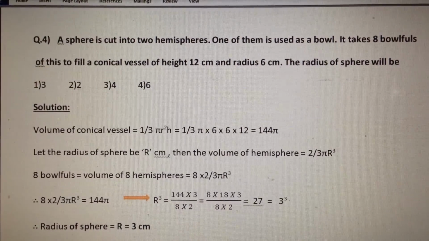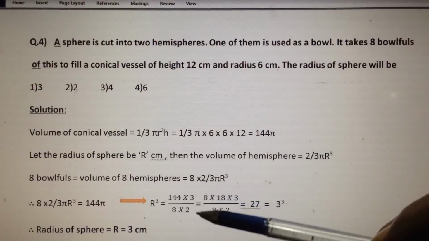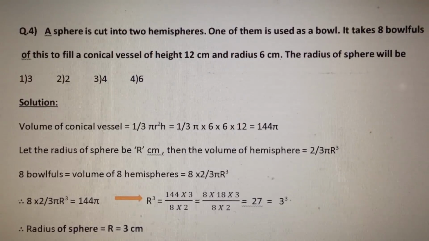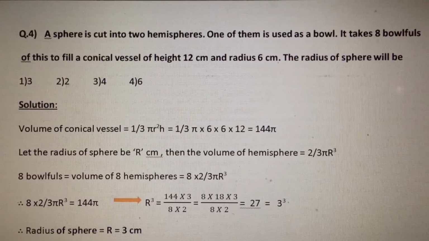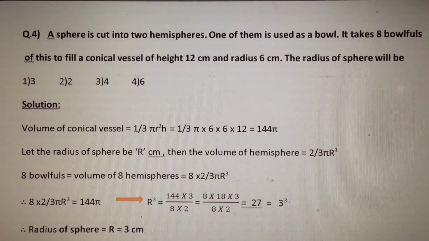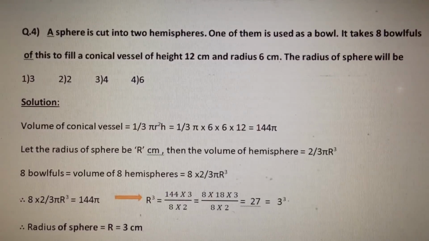On equating this, we get r cube is equal to 144 into 3 by 8 into 2. On simplification, we get r cube as 27, which is nothing but 3 cube. Therefore, the radius of the sphere is 3 centimeters. The answer is option number 1.